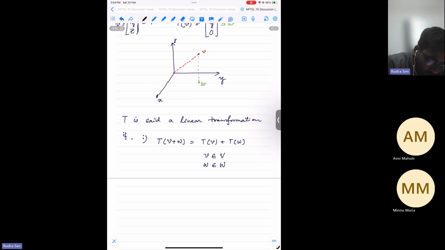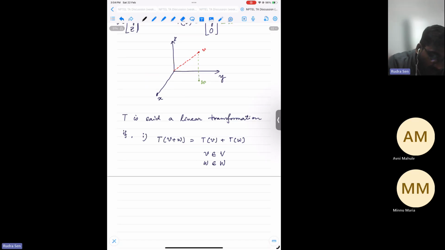If we add two vectors from two different spaces and then do the transformation which maps to another space, it is equal to doing the transformation of the individual vectors first and then the addition. We will get the same result.